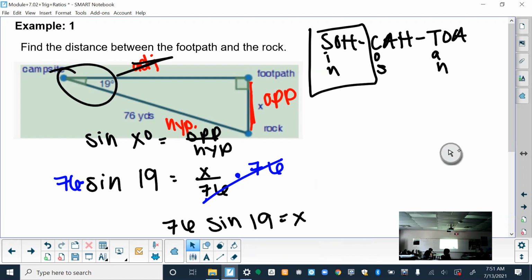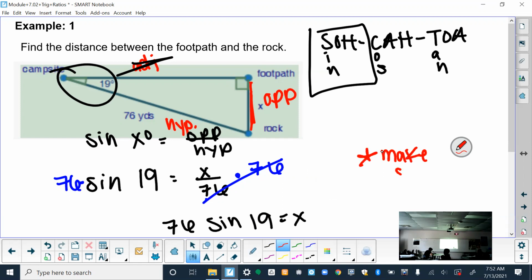All right. You need to use a calculator to figure out what the left side is. But you also need to make sure that your calculator is in degrees. So put like a star here. Make sure calculator is set to degrees.